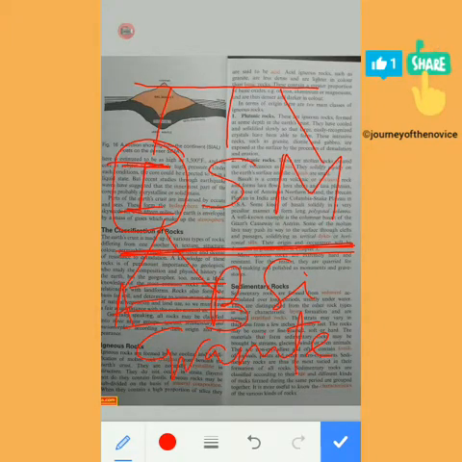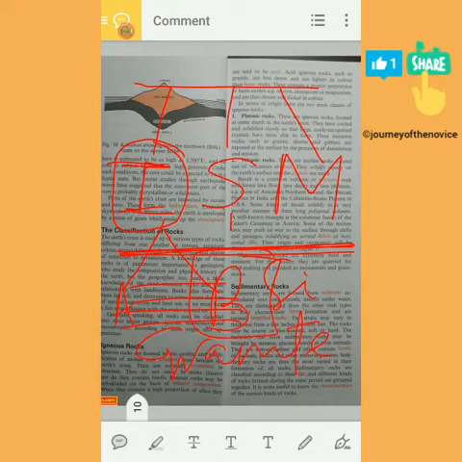Basic igneous rocks have a higher proportion of basic oxides like iron, aluminum, and magnesium, and their density is higher and the color is darker. So this in brief makes you understand what igneous rock is. This was a basic introduction to igneous rocks.